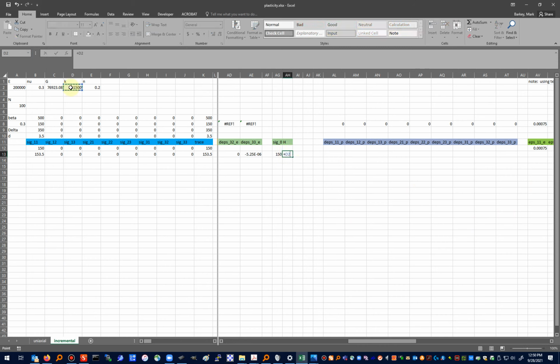Plus k times n times sigma naught over k to the n minus 1 over n power.